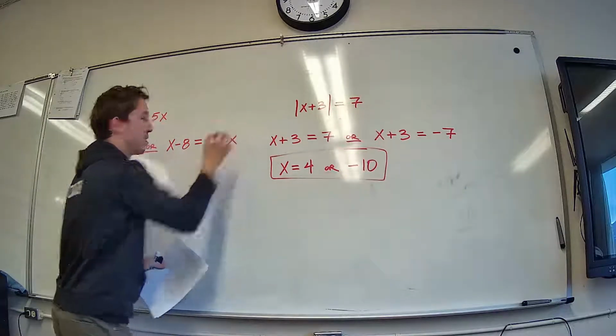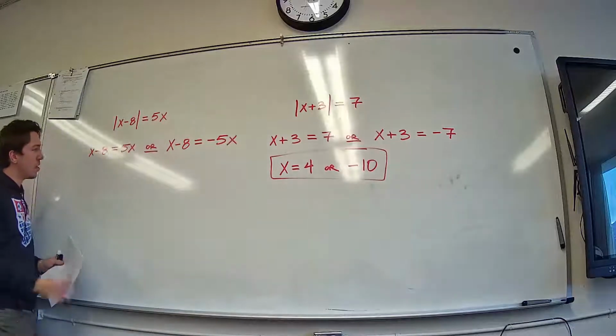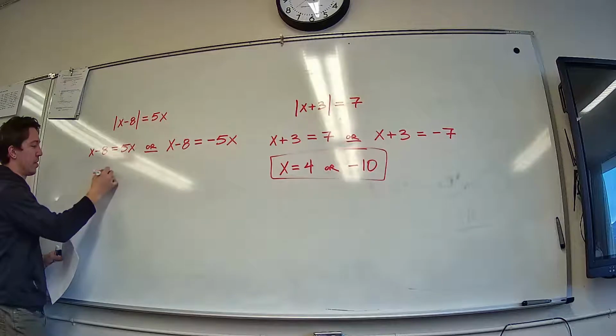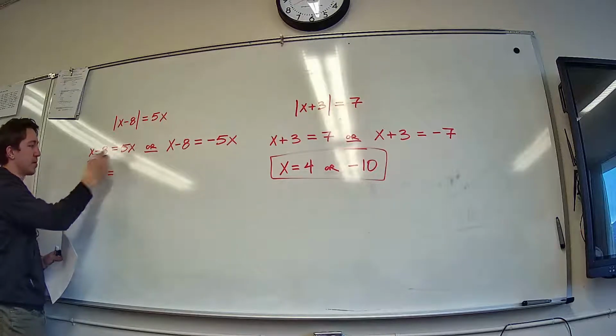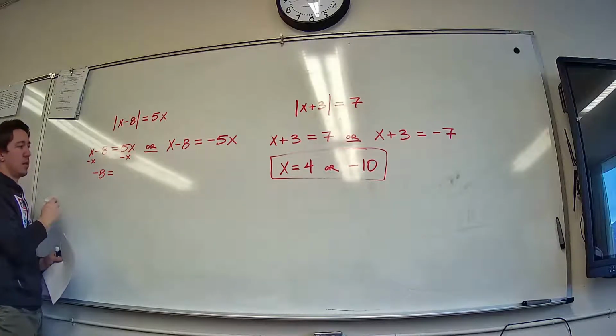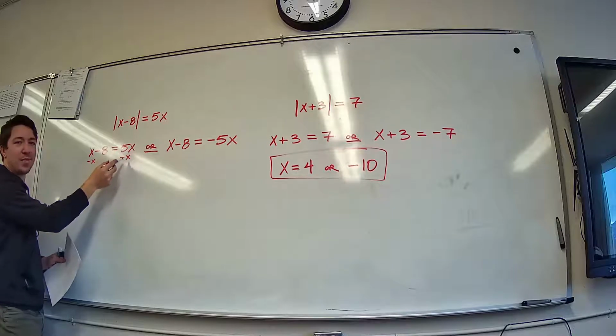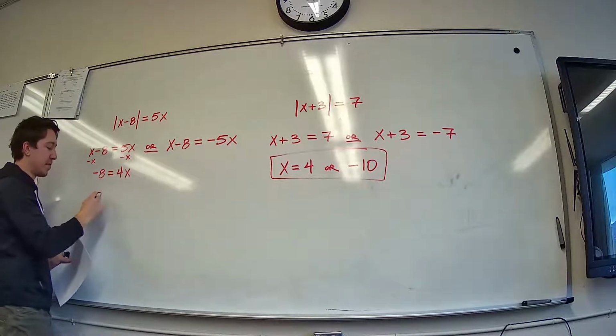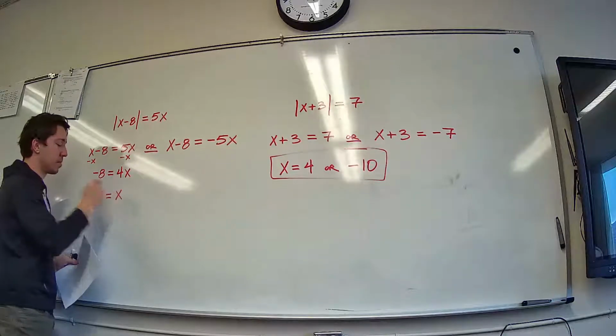Let's see if that works. What's this going to give me? Negative 8. I'm going to subtract x from both sides, right? 5 banana minus 1 banana makes 4 banana. So this gets me an answer of negative 2.